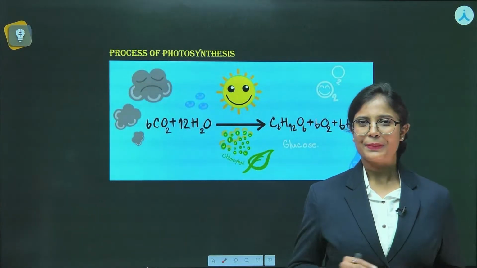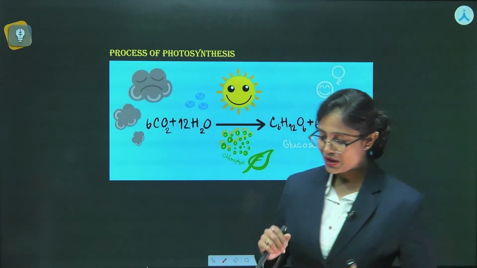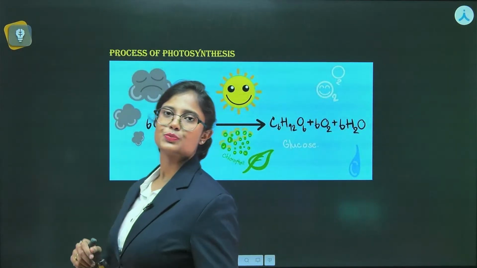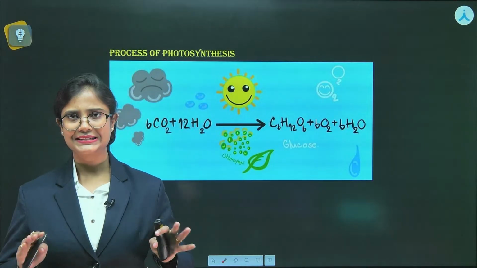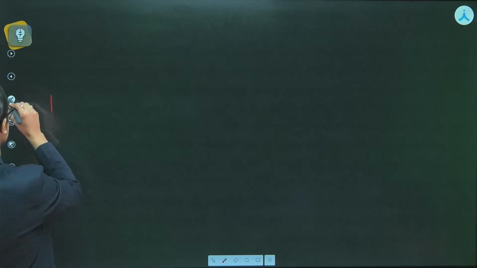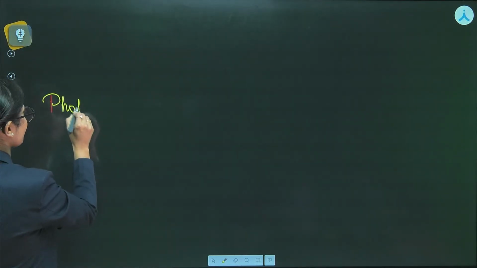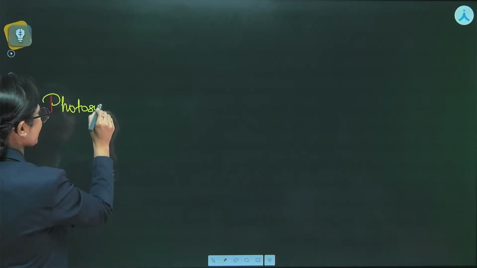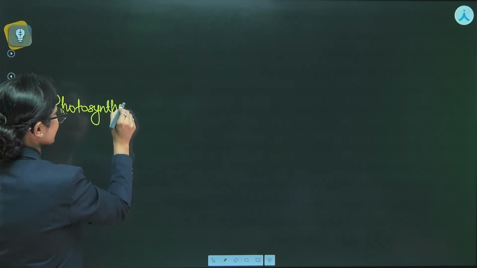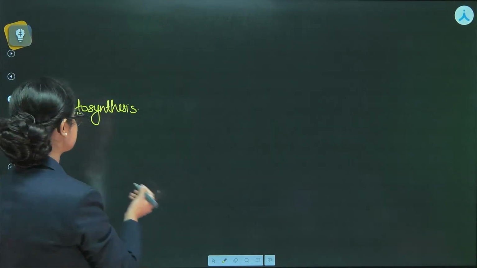अगर हम normally बात करें तो photosynthesis दो process में divided है. First one is light reaction, next one is dark reaction. Simple, right? Let's see. It is divided into two processes.